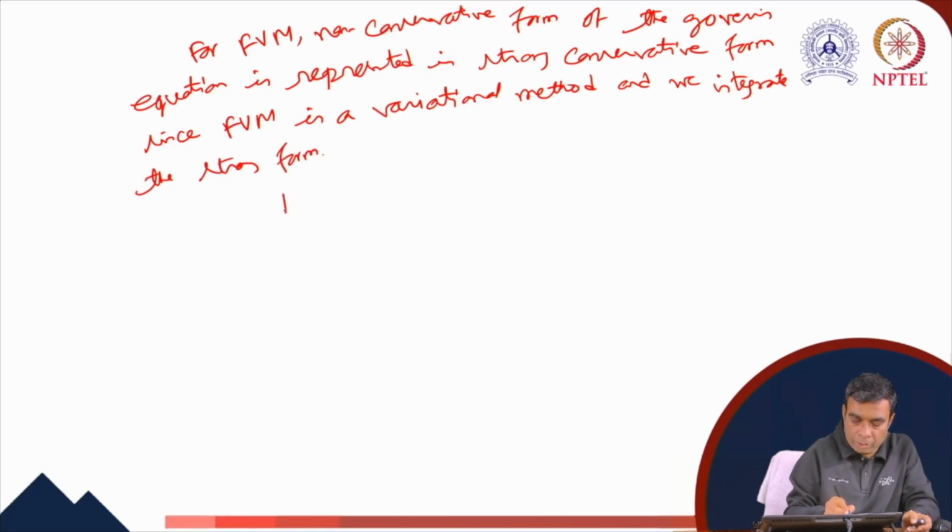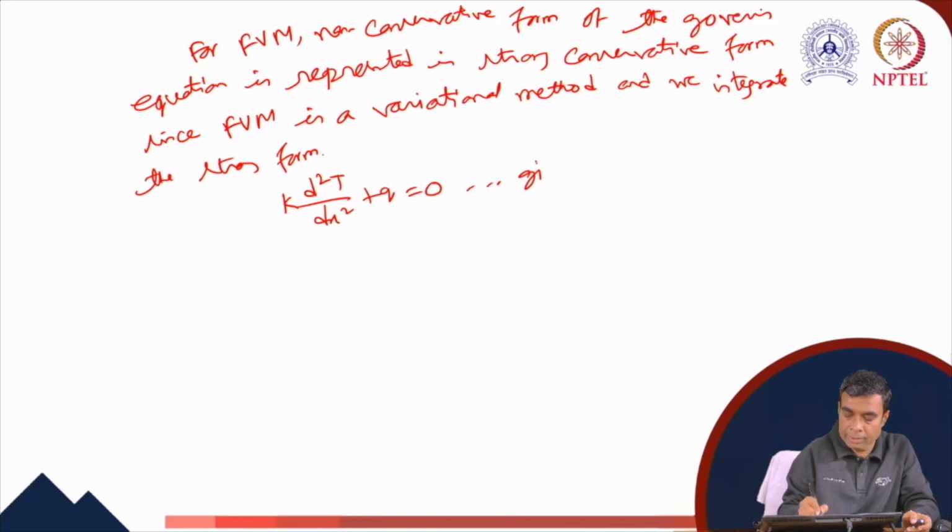So our given equation was k d2T dx2 plus q equals to 0. This was given in non-conservative form.